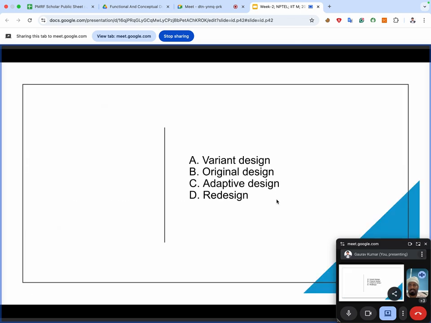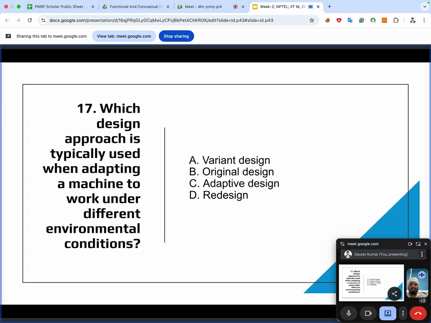So moving to the next question, number 17. Which design approach is typically used when adapting machines to work under different environmental conditions? Variant design, original design, adaptive design, or redesign? Could you please answer? Naresh, Om.